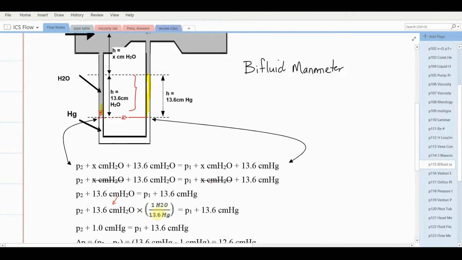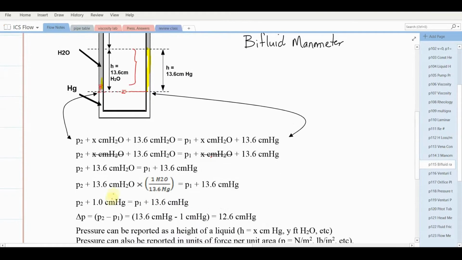We do that by multiplying by the ratio of specific gravities. And as you know, 13.6 centimeters of water exerts the same pressure as a small amount of mercury because mercury is much more dense. So you want to make this number get smaller, multiply by a ratio that makes it get smaller, 1 over 13.6. And so we get then 13.6 centimeters of water is equivalent to 1 centimeter of mercury.